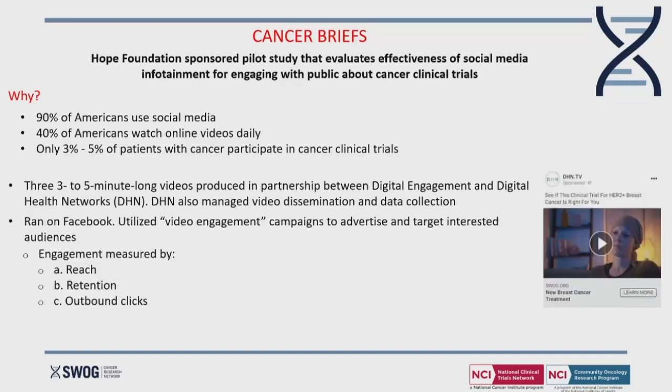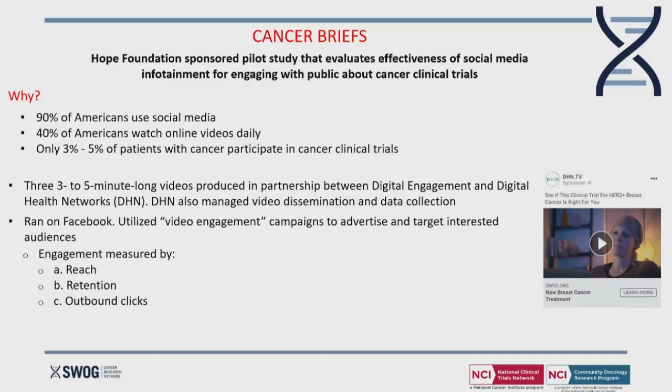The videos ran on Facebook, and we utilized a video engagement campaign. When you create a Facebook ad, you have a sundry of options of what type. This is one of their native ones, and it optimizes to find an audience that uses videos. We define engagement by reach, which is how many people saw it. Retention, meaning how long they stayed, from 3 seconds and then a quarter of the video to 50%, 75%, and 100%.